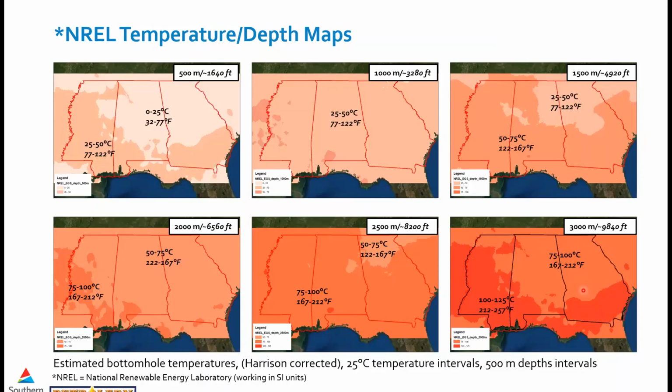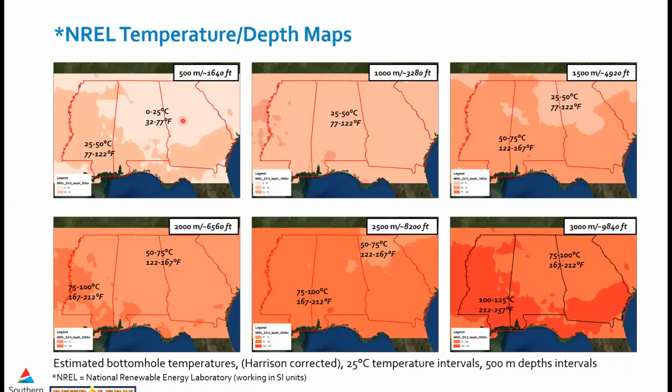So when you look at the left-hand figure up here, it's actually a depth slab at 500 meters. And then they have graded up the well temperatures, the bottom hole temperatures.